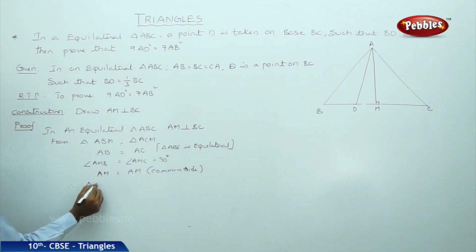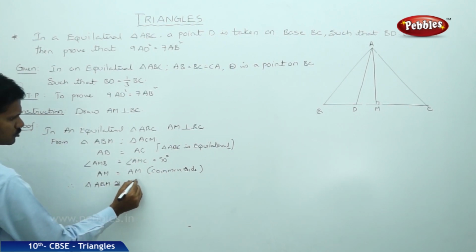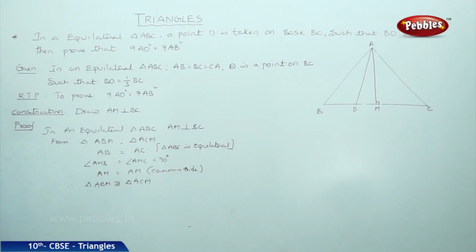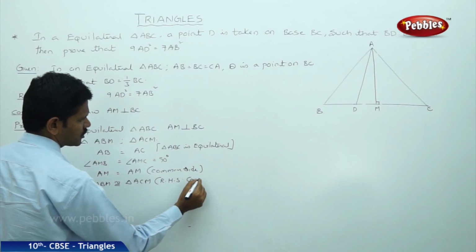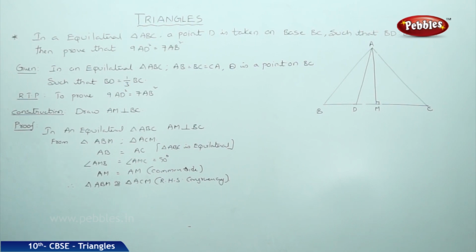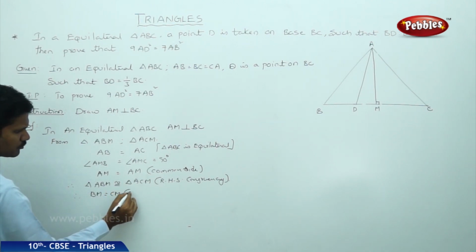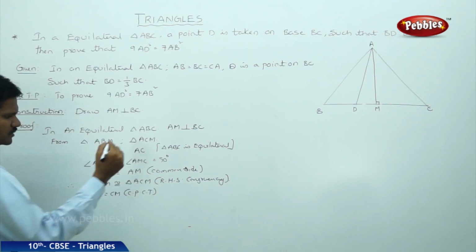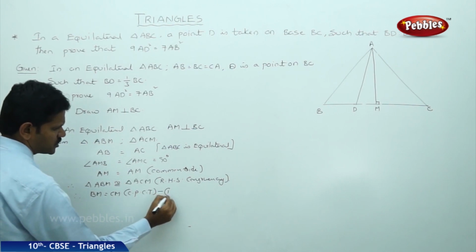Therefore, triangle ABM is congruent to triangle ACM by RHS congruency. Therefore, we conclude that BM is equal to CM, by CPCT, corresponding parts of congruent triangles. This is equation 1.